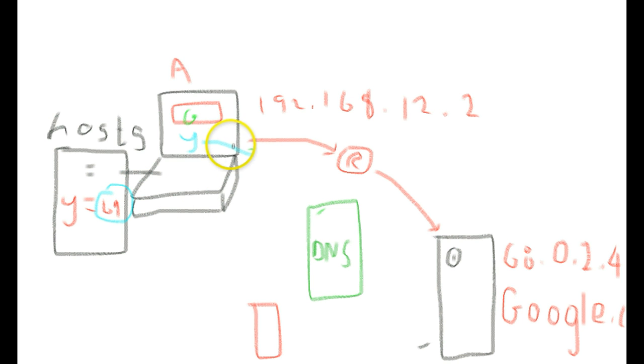Then it will send that IP address to the router. It says, go to this machine for me, and then that router in the middle is going to take that information and send it to the correct IP address right here.